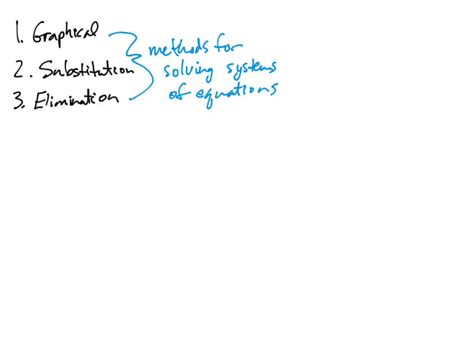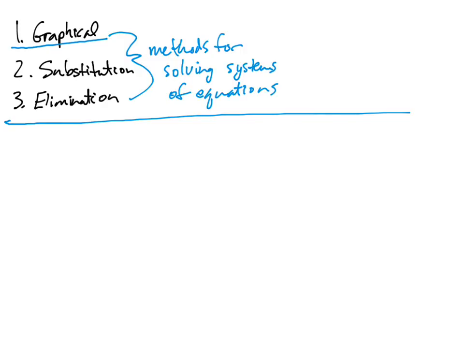Solving a system graphically is probably the least desirable method, just because it's hard to be 100% accurate when we're graphing two lines to see precisely where those lines intersect. Because of that, in this video I will just talk about substitution and elimination. But to be clear, any of these methods will work in any situation. However, sometimes it's a little more obvious to use one versus the other.